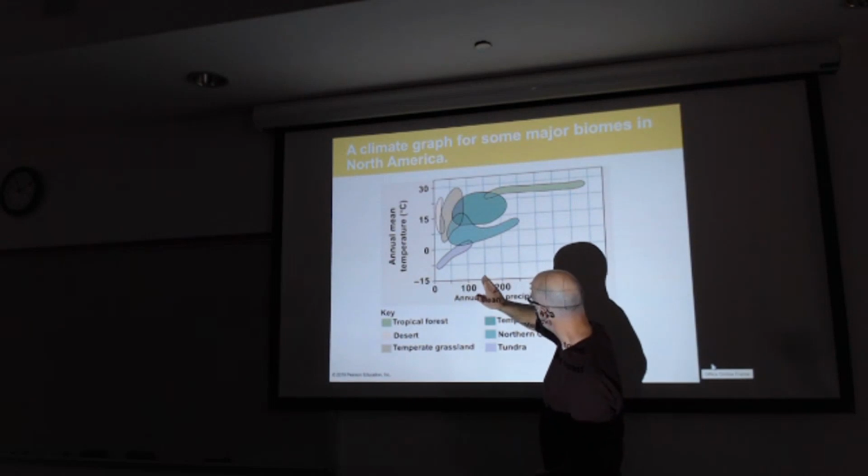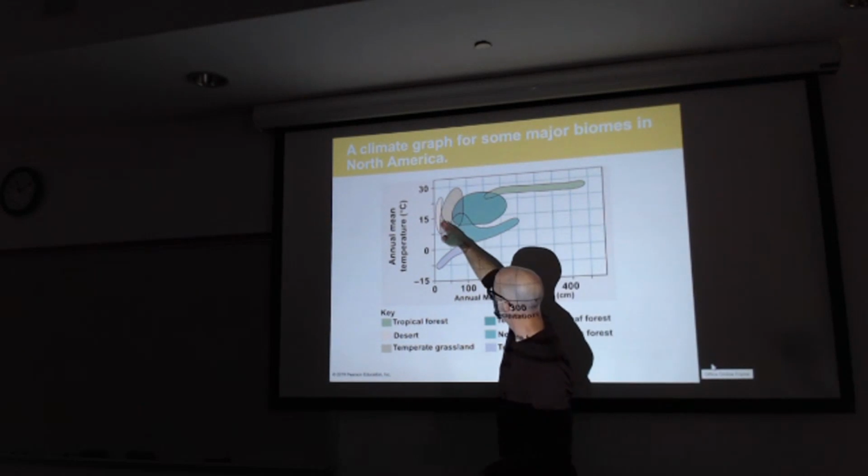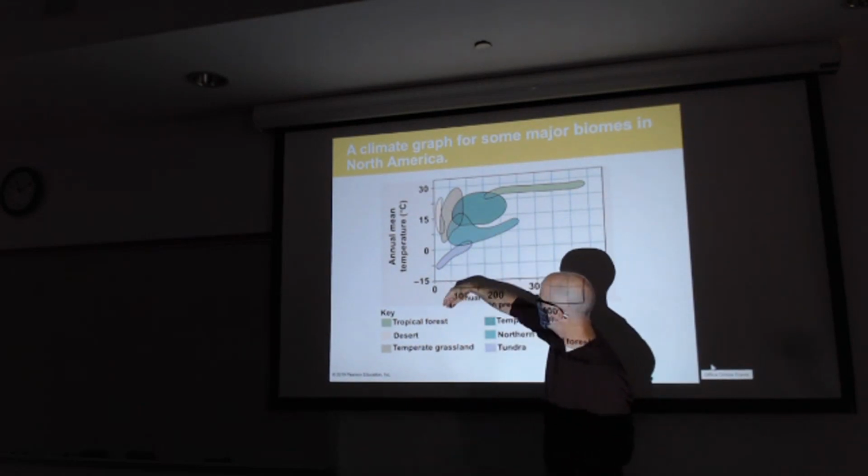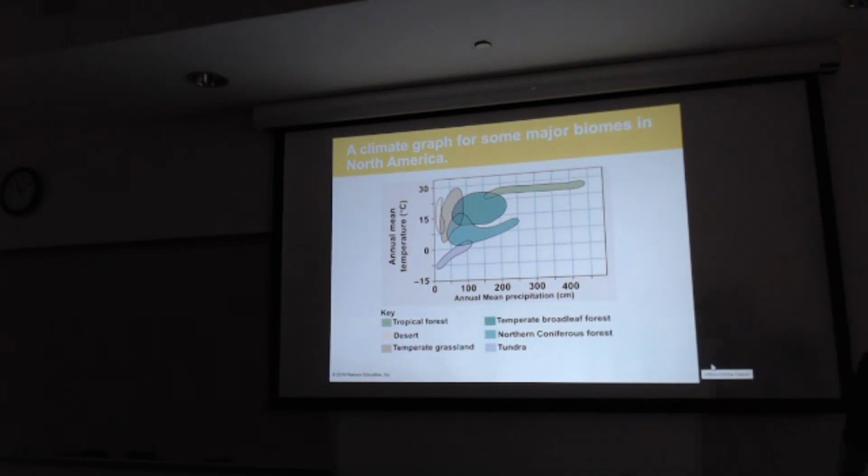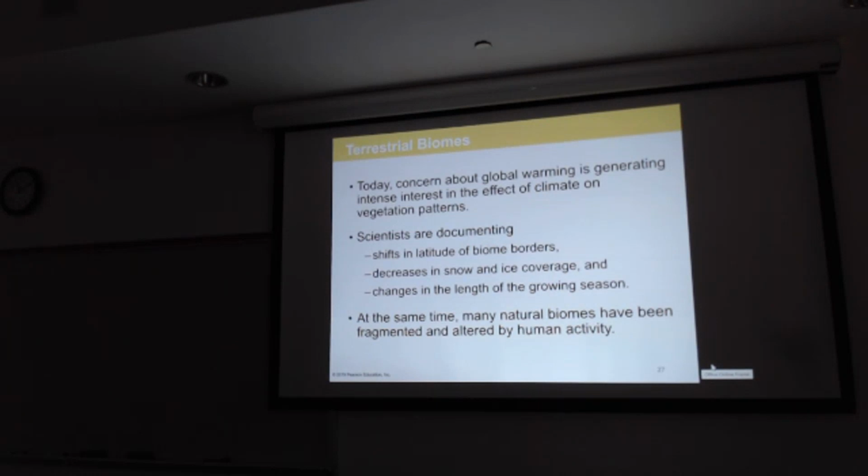We have a medium amount of rainfall and medium temperature. We'll come back to this, but again, the point is what drives the location of these is temperature and rain.